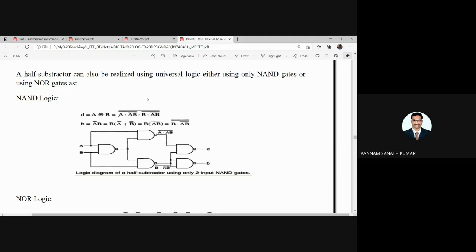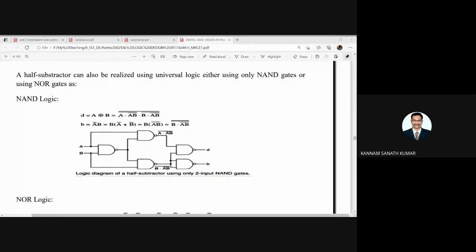So you can realize this expression for difference and borrow by using all NAND gates. AB is given to one NAND gate, so here you are getting the output AB bar.